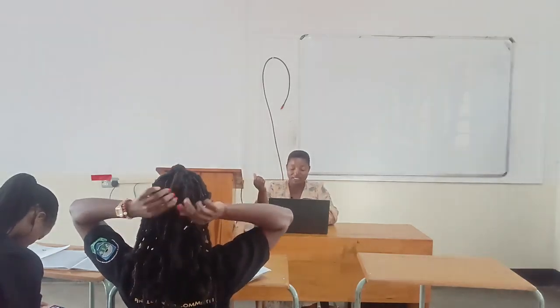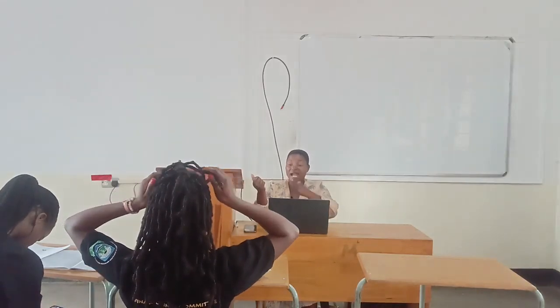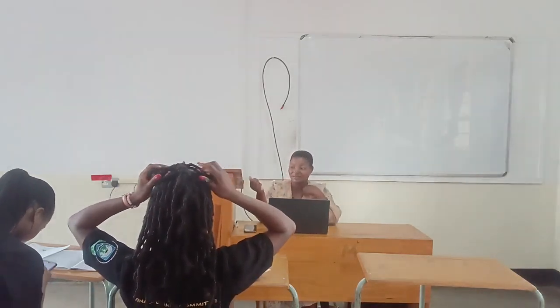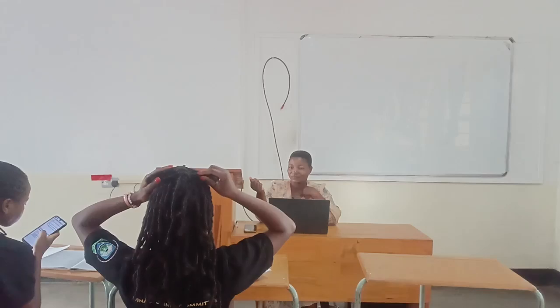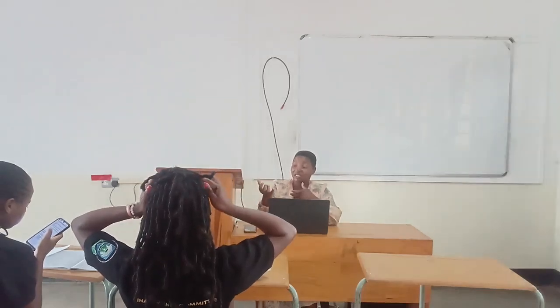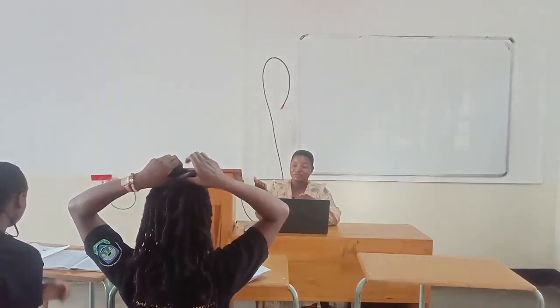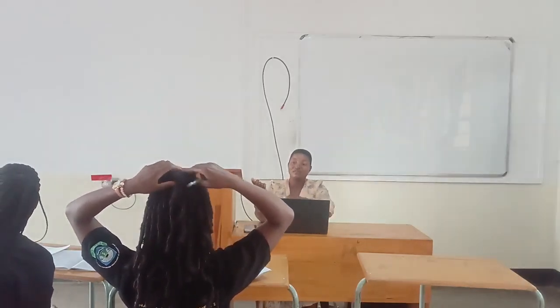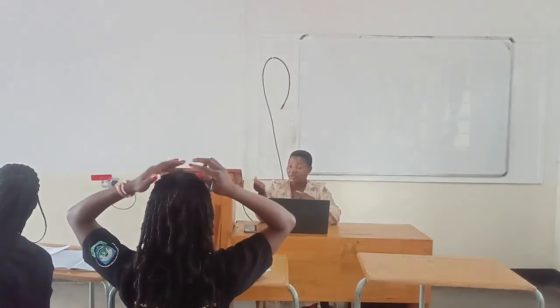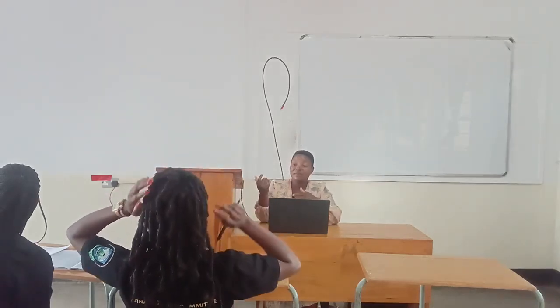So as they are doing that, the hand-eye coordination is also enhanced because they have to be checking where they are plucking the strings. Because different strings also produce different sounds on the guitar.